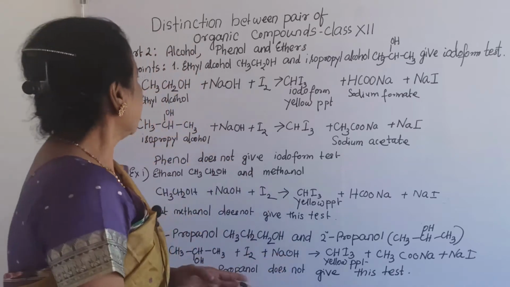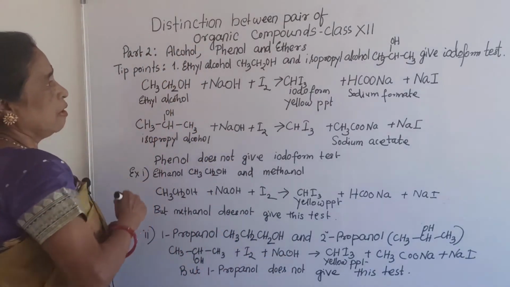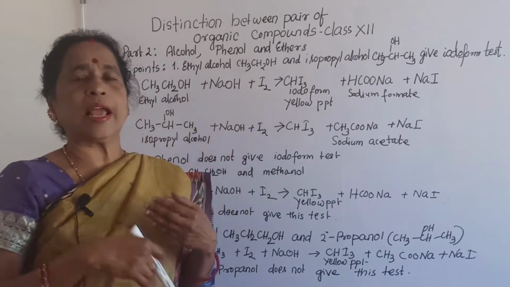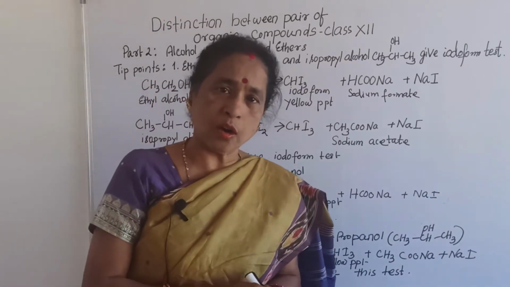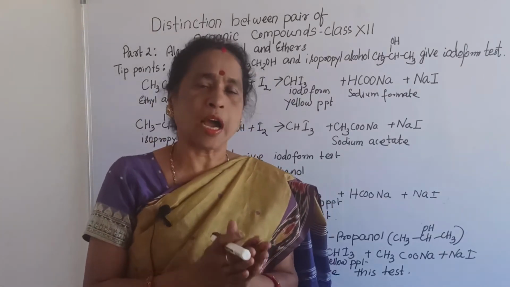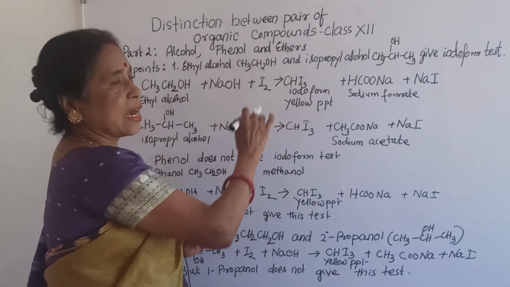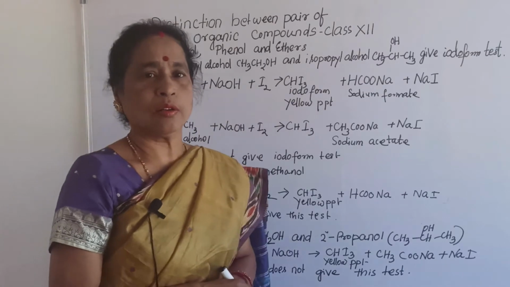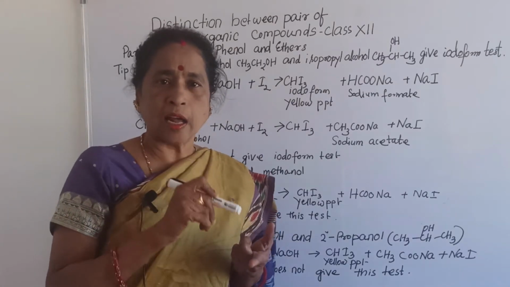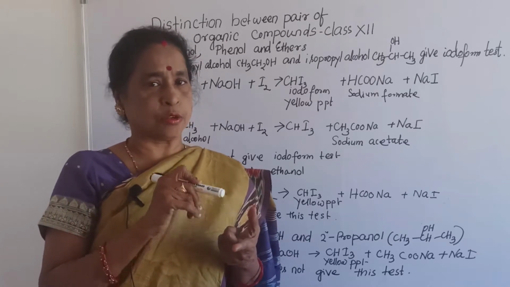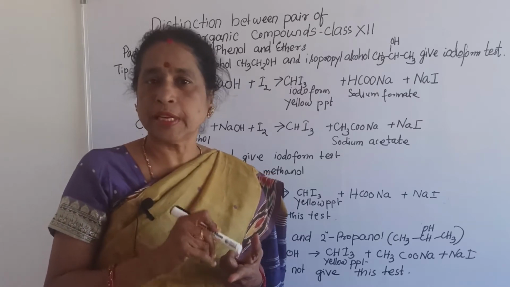Now see the first point. First tip point, we should know ethyl alcohol and isopropyl alcohol give the iodoform test. What is the meaning? Ethyl alcohol and isopropyl alcohol. In haloalkanes and haloarenes, I told primary alcohols do not give the iodoform test.